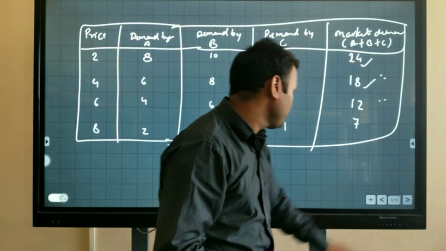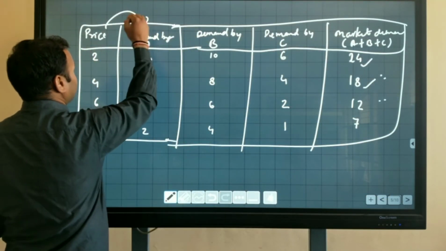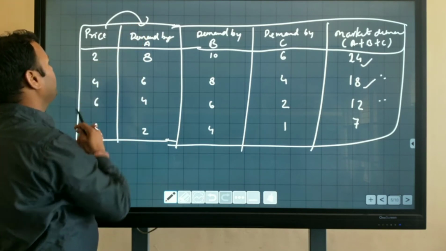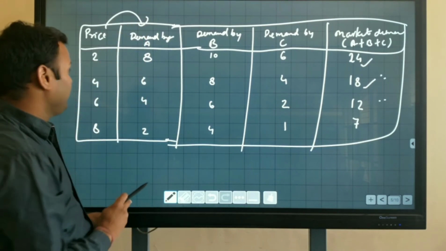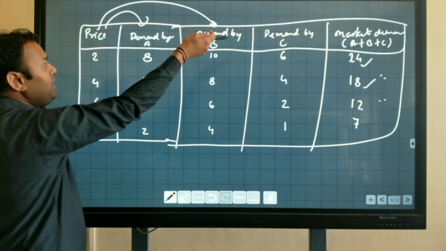Now come to consumer B. The price will be the same. Firstly we will draw the graph between the price and demand by consumer A. Now the price will be the same, but the demand of the consumer will differ.